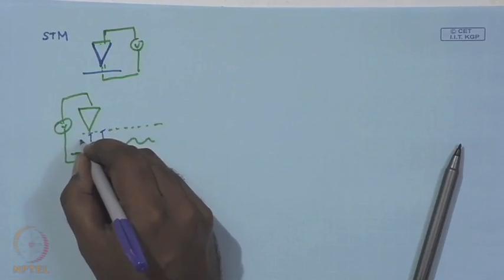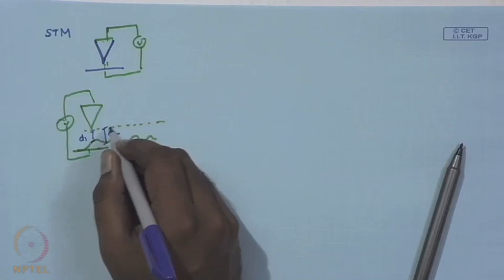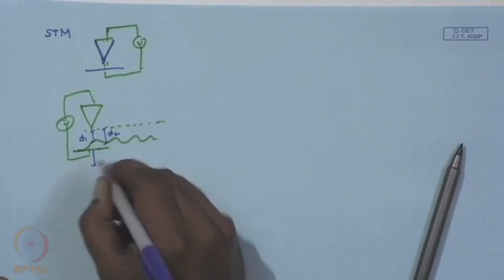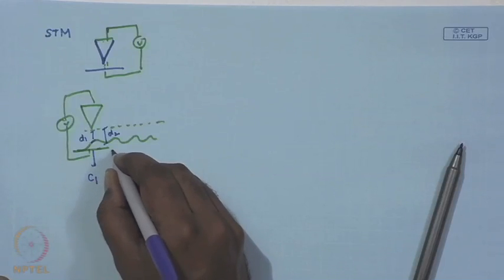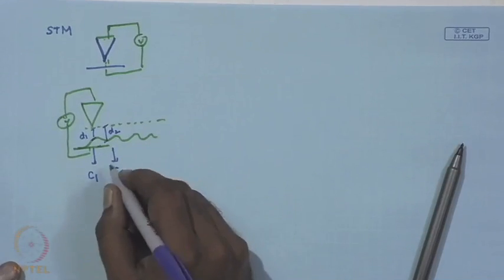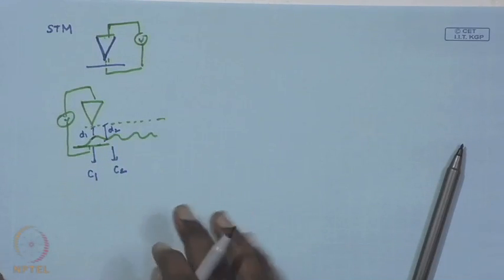Let us say it is d1 over here and d2 over here. What is going to happen as the tip moves? At location 1, the magnitude of the tunneling current will be different from the magnitude of the tunneling current at the second location. This is the principle based on which an STM works.